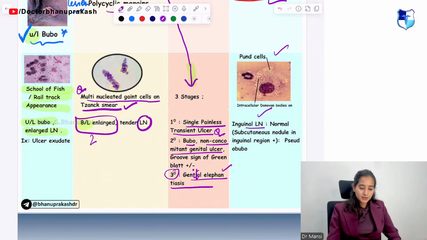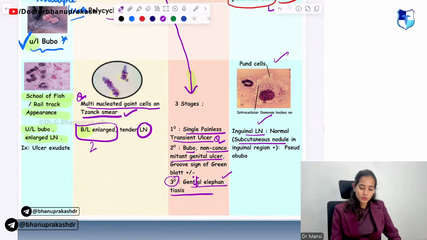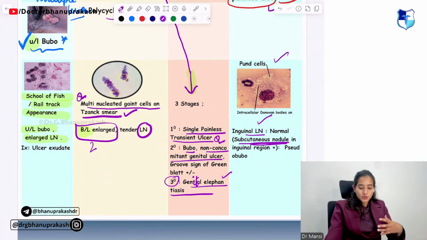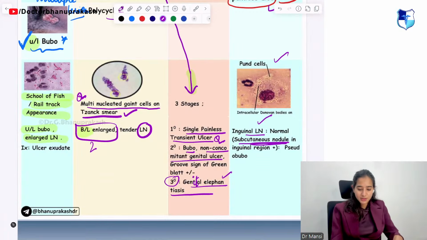But there is a subcutaneous nodule present. So apparently this is going to make you feel as if there is swelling of the lymph node, but it is actually not a lymph node swelling. There are just nodules present. That is what makes it a pseudobubo.